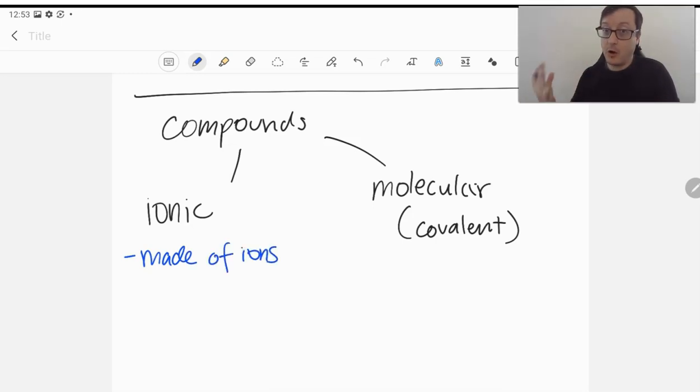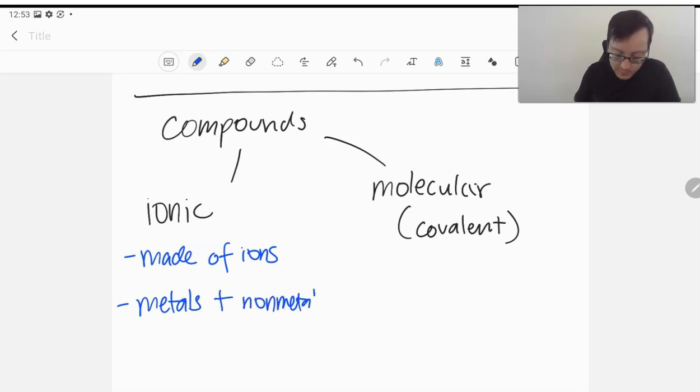Typically, although there are exceptions, this means that they are made of a metal and a non-metal. There are a few ionic compounds that do not contain metals, but they are still ionic, and we'll look at those as well. Molecular compounds, by contrast, are non-metals only.